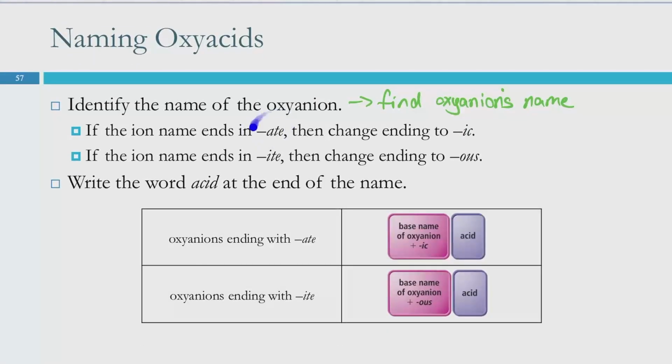If the ion ends in ATE, we change that ATE to IC. So ATE turns into IC when it's an acid. And if it ends in ITE, it turns into OUS. And if there's a prefix in front, a per or hypo, we just leave it alone.